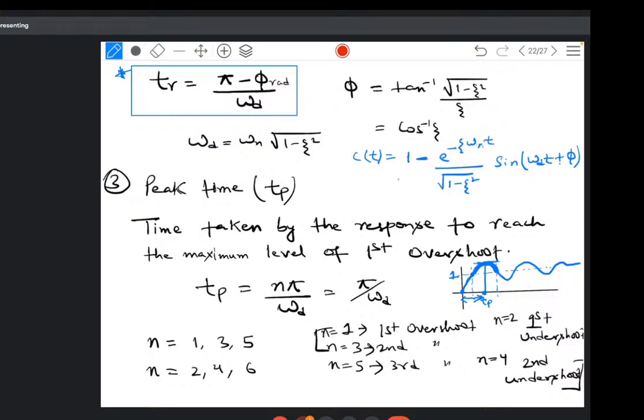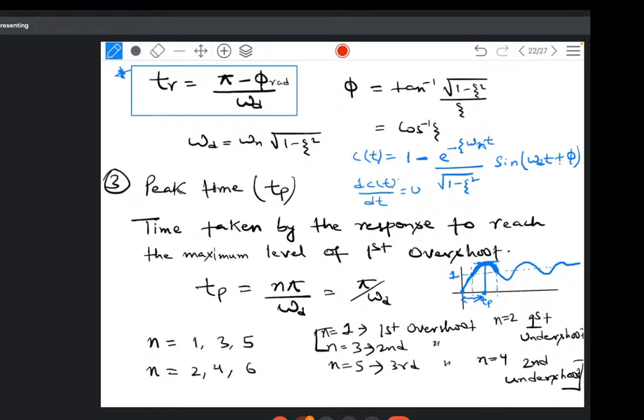Now I know that at t equal to TP, the c(t) value will be maximum, because the peak time is the time at which the response will reach the first overshoot, the response will be at its peak value. After that, the response will never be able to go to that peak. So for getting the maximum value of c(t), I have to do first order derivative equal to 0. For maxima or minima checking, you do the first order derivative equal to 0.